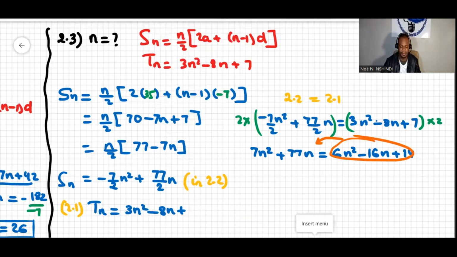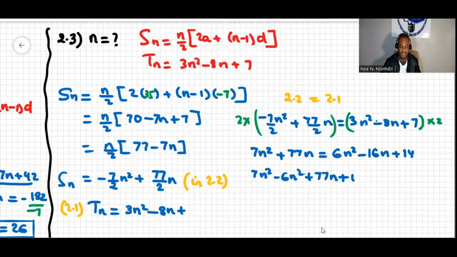Then this will become 7n squared minus 6n squared plus 77n plus 16n, and then minus 14 equal to 0. So 7n squared minus 6n squared makes n squared, and then 77n plus 16n makes 93n.